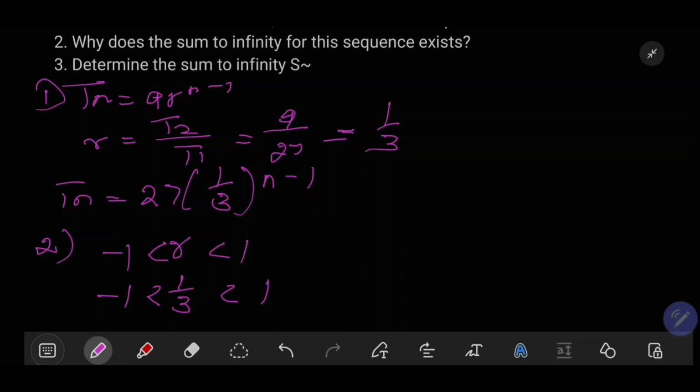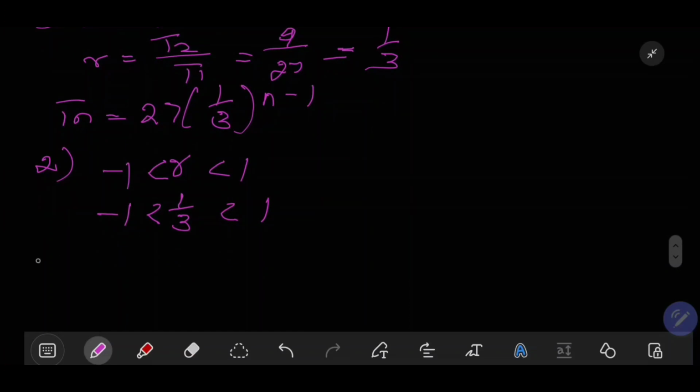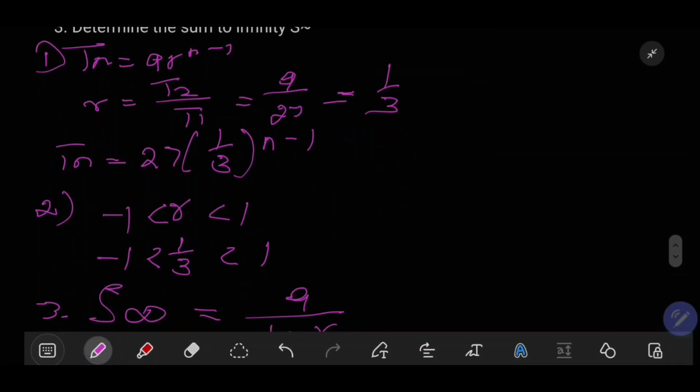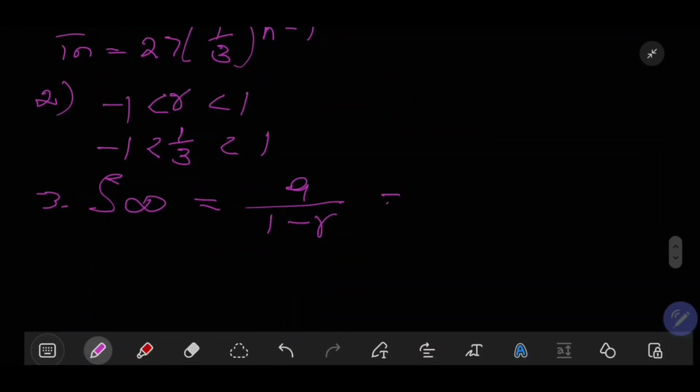Now the third question says calculate the sum to infinity. We know that the sum to infinity is given by a over 1 minus r. The first term of this sequence is 27, so this is 27 over 1 minus the value of r, which is 1 over 3.